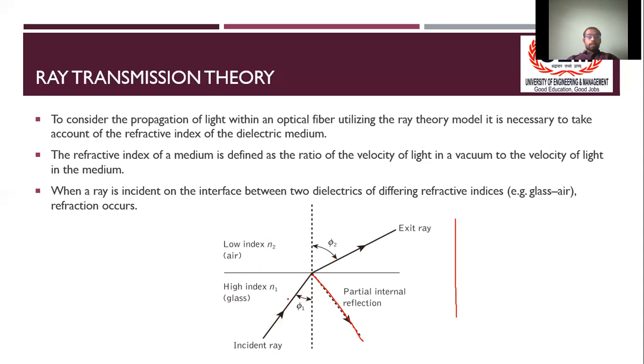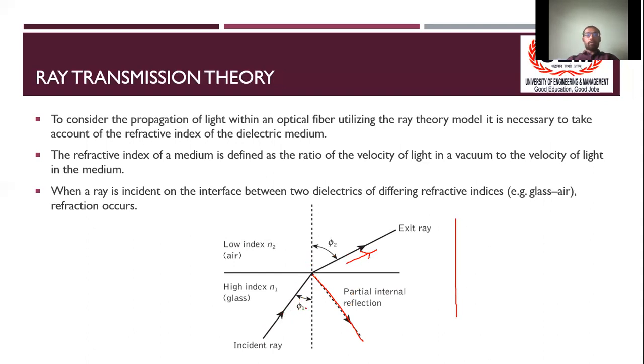So using this law, we must find the minimum angle of incidence at which the light ray will fall on this edge such that it gets completely reflected back and none of the light is lost into the cladding region.